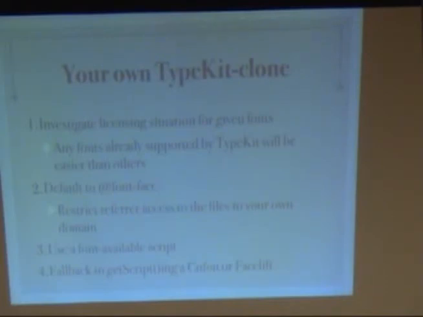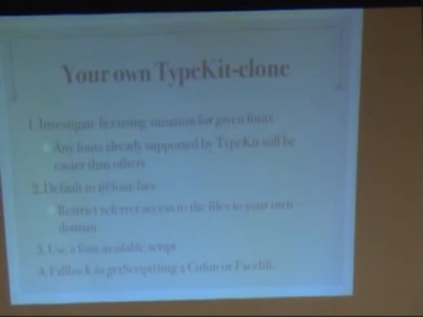So I bet any font that they support, the conversation with that foundry is going to be pretty easy for you to have and to figure out. They're probably going to specify it in their license agreement. It should be easy. So you default to @font-face, and you restrict access to the files based on referrer to just your domain. You don't want other people hot linking. You don't want other people downloading.